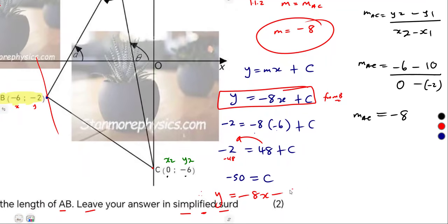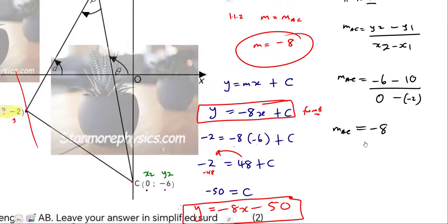Our c is minus 50. So that gives us the equation of the line which passes through the point B and is parallel to AC. Just like that, all right?